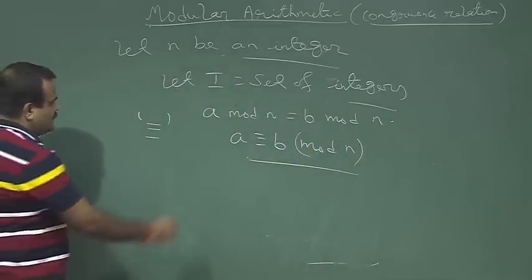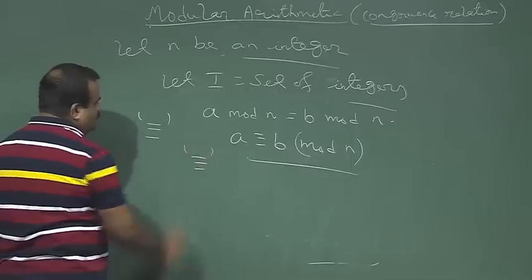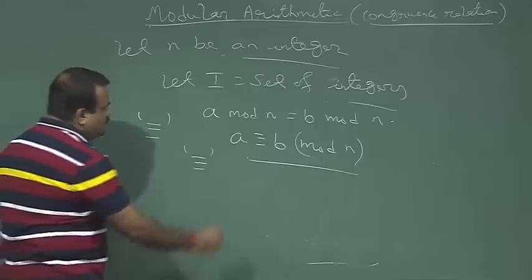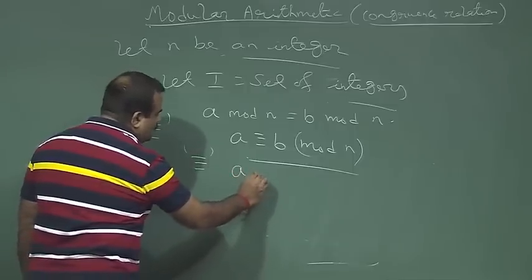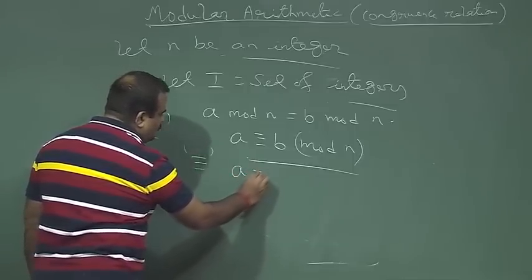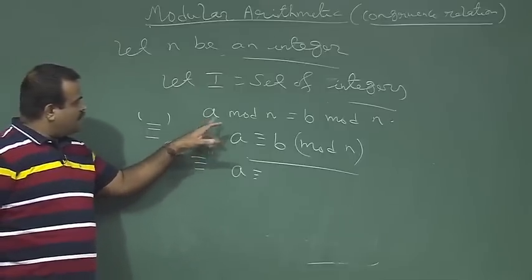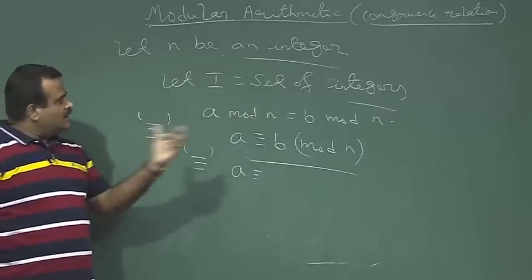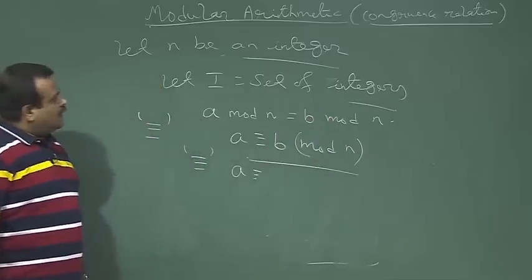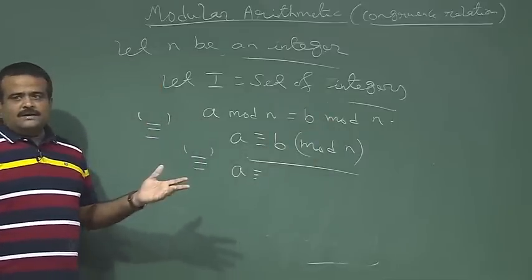So that means a is related with b if we divide a by n and b by n, and the remainder we get is the same.